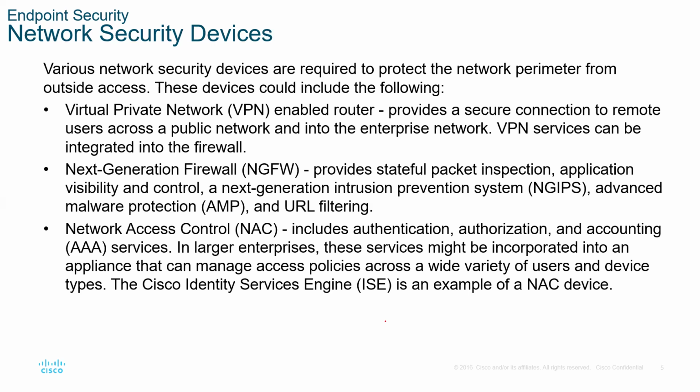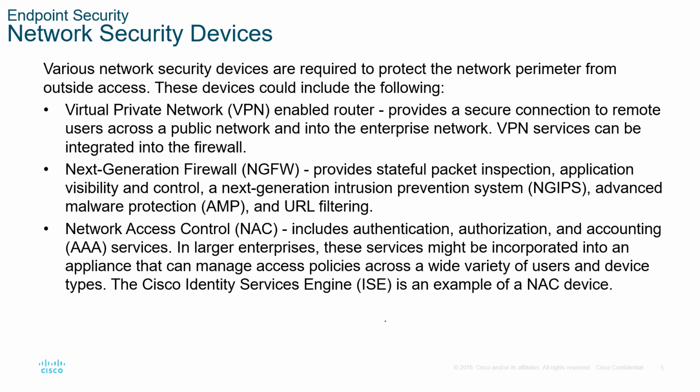Then we have next generation firewalls, which provide stateful packet inspection. So this one is more of an advancement of the basic firewall. Unfortunately, CCNA doesn't delve much into firewalls, but firewalls are very effective in preventing attacks.